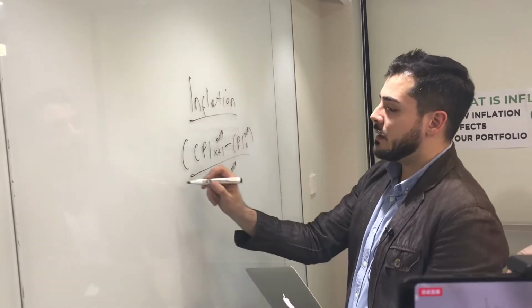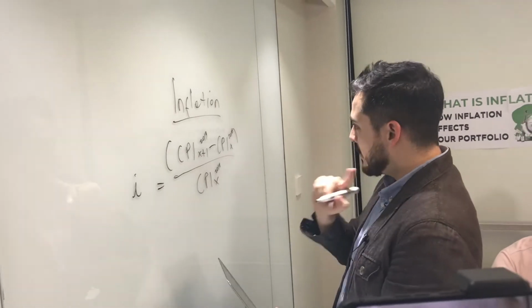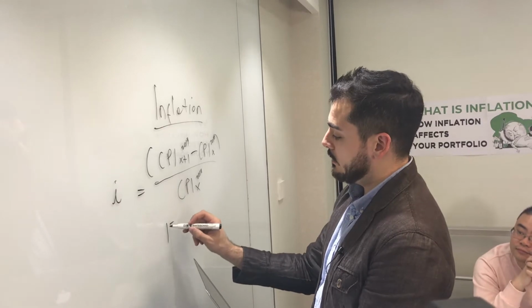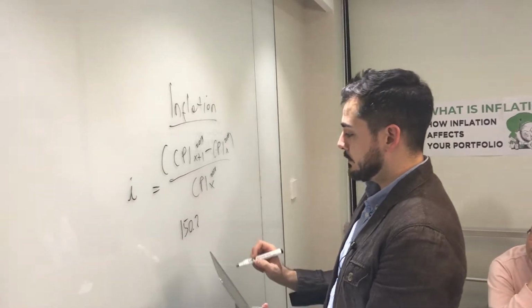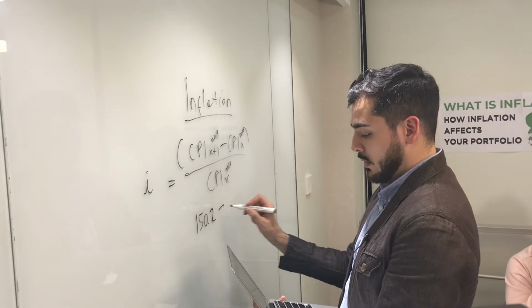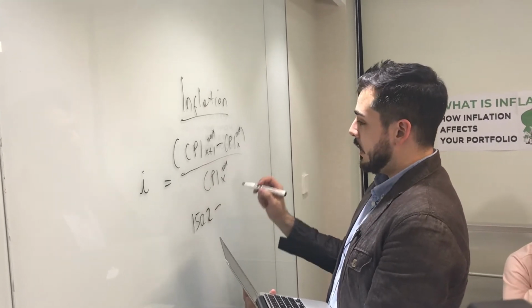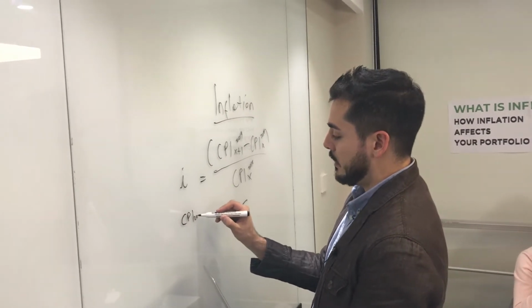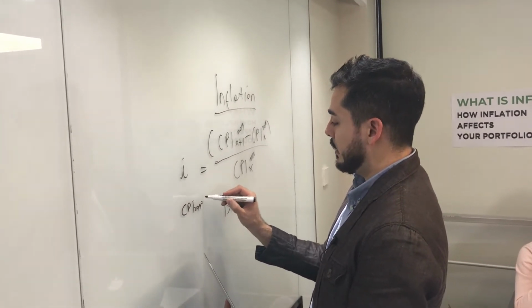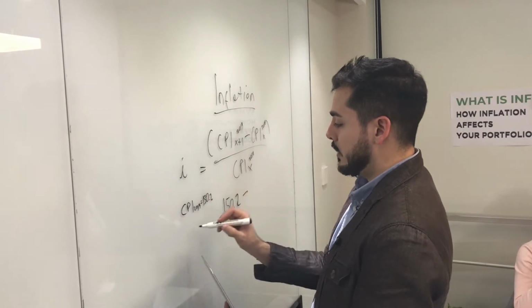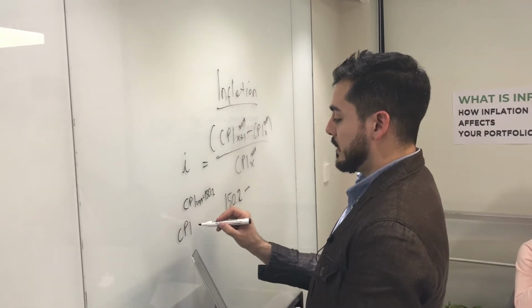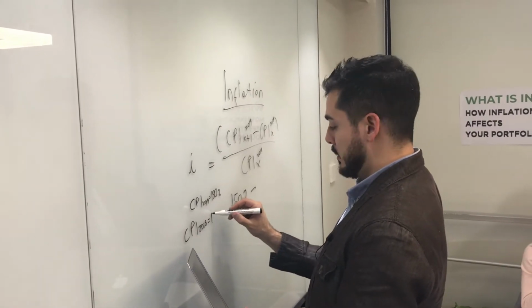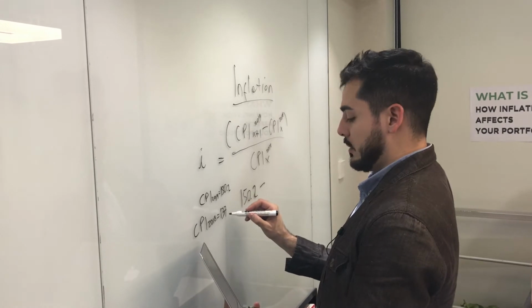The consumer price index in 2019 was 150.2, and the consumer price index in 2018, let's say, 137.8.